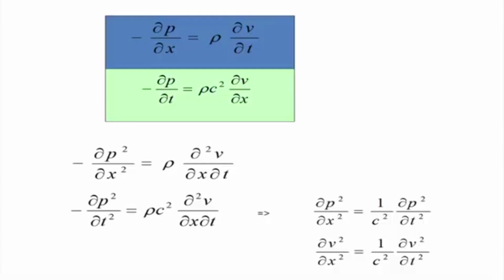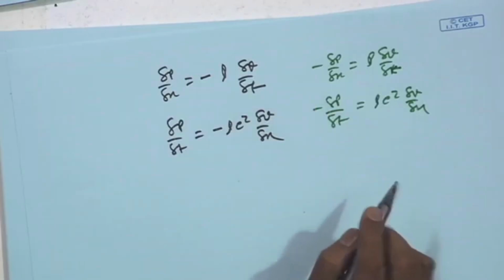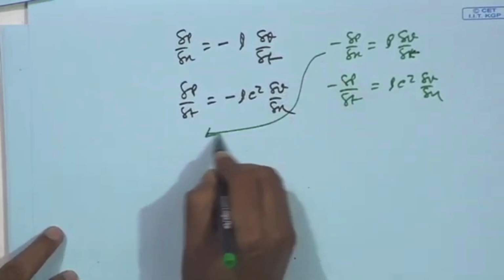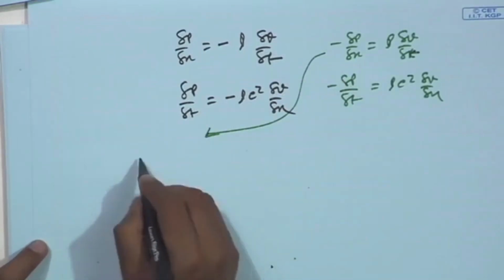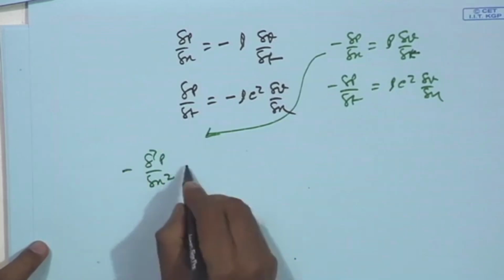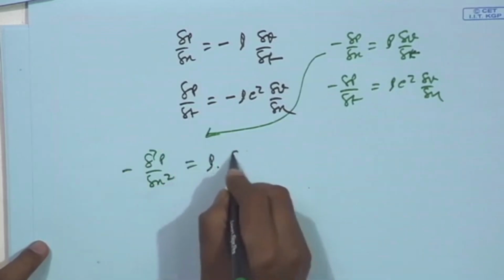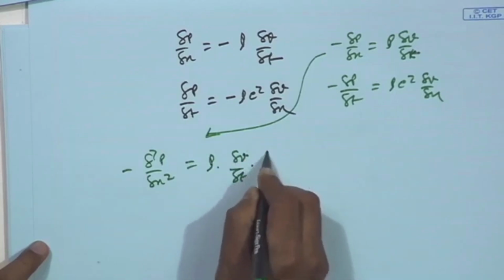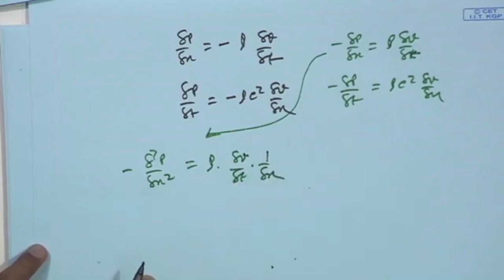Okay. Now, if I want to know the pressure equation, what I will do, let us differentiate this equation with respect to x. So, minus del square p by del x square is equal to rho into del v by del t into 1 by del x.